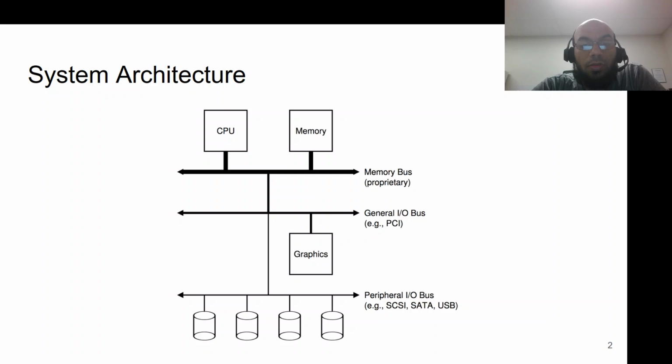It doesn't have to be through PCI, of course, unless it's a laptop. Details aside, you have a general I/O bus, and then you have a peripheral I/O bus, which is like SCSI, SATA, USB, and this is where most of your other things are connected.